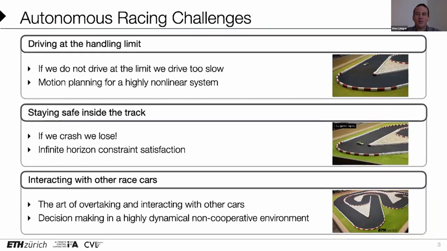And then the last part, the thing I will talk about today, is interaction with other cars. From a theoretical perspective, this is a decision-making problem in a highly dynamic, non-cooperative environment. So again, we basically have to solve 3 very challenging problems to get to something which works.